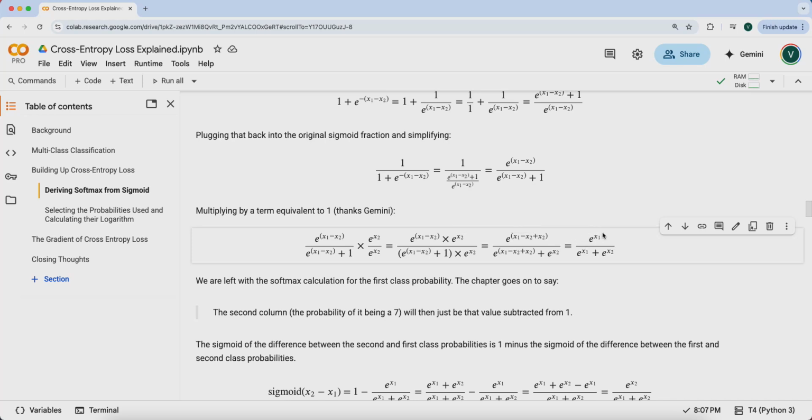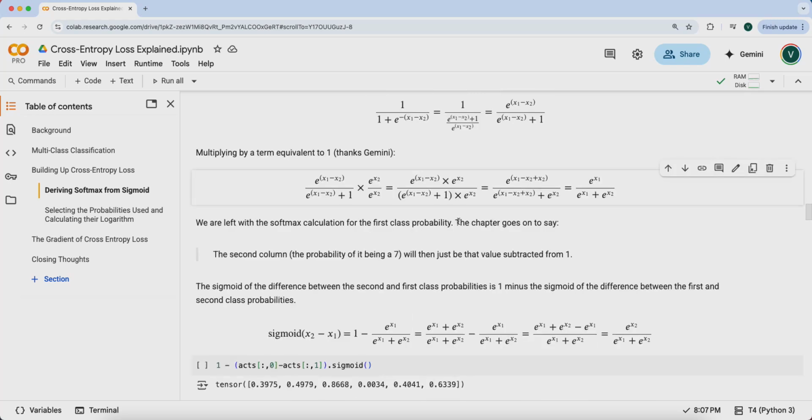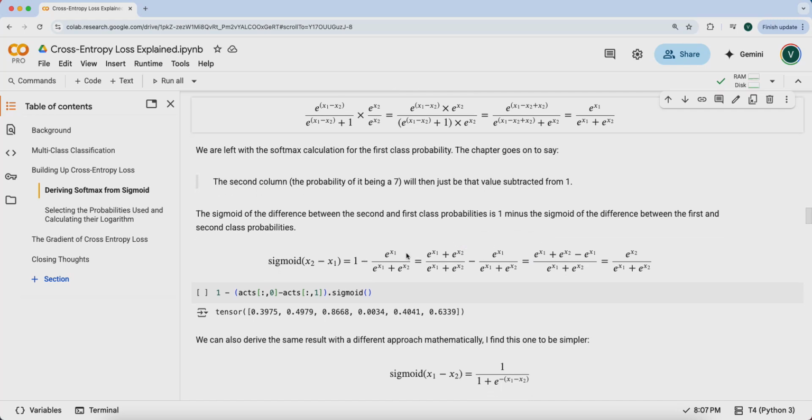All right, so what portion of my total activation is the first activation? That's what this tells us. So the chapter goes on to say the second column, the probability of it being a 7. In this example, we were predicting class 0 was a 3 and class 1 was a 7, would just be this value here subtracted from 1. So let's write this out.